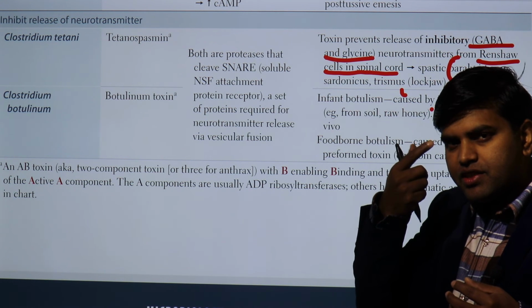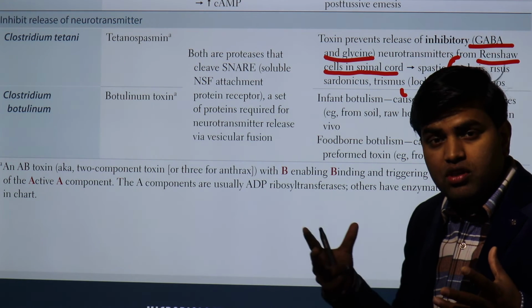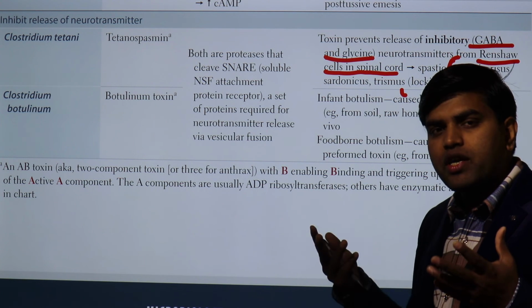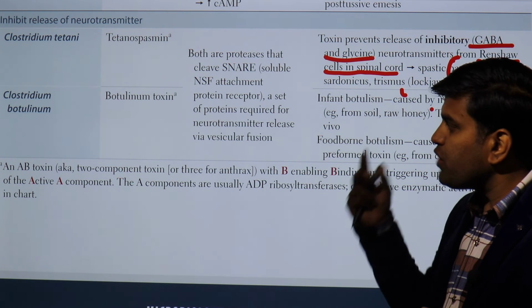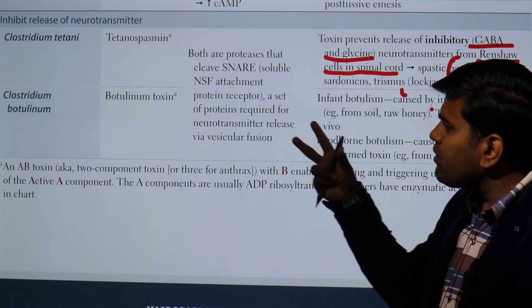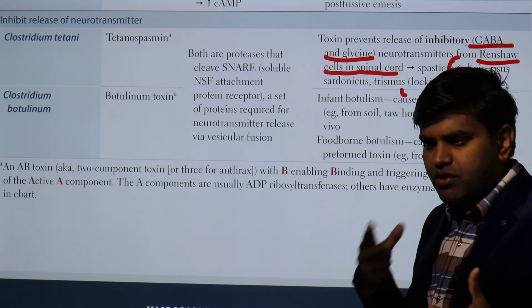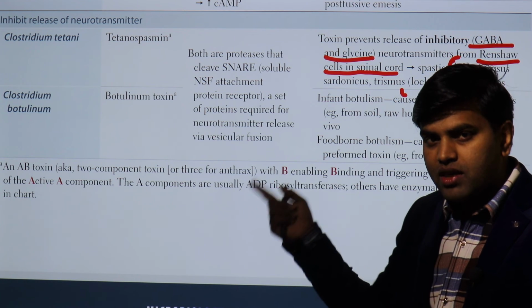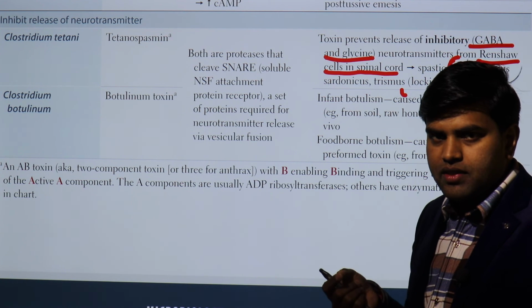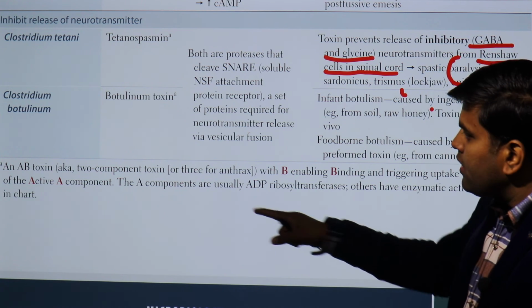Because of that the wrinkles disappear and the models look more beautiful. Even in the old days, the great queens used to do that. So it is a beauty product as well, but it is harmful because if the dose becomes larger, then the whole face gets paralyzed, and you have to understand that.